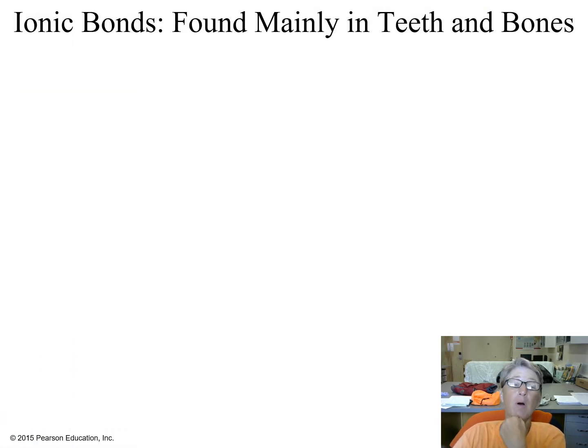All right, ionic bonds. Guess how they're formed? If you said ionic bonds are formed between 2 ions, you're right. And in anatomy and physiology, we're interested in ionic bonds because you find them mainly in the teeth and bones.